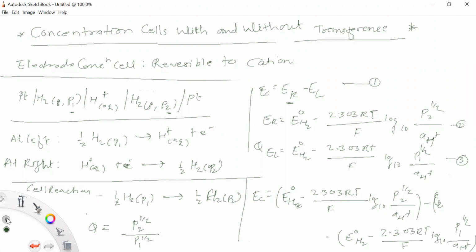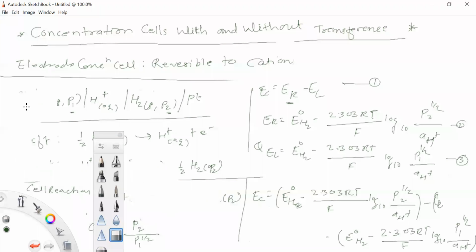Now once we combine these equations, then just solve it.